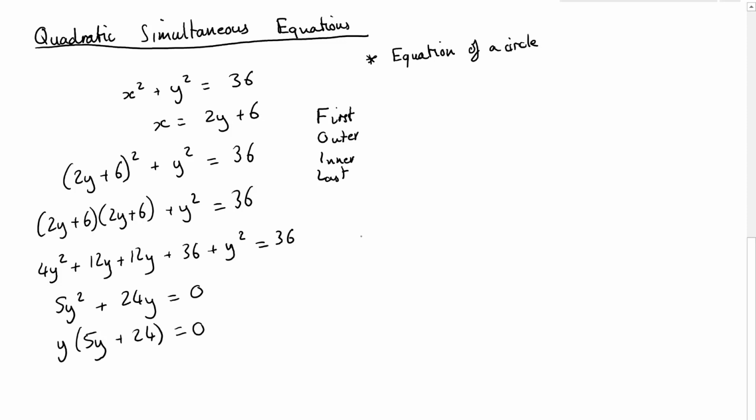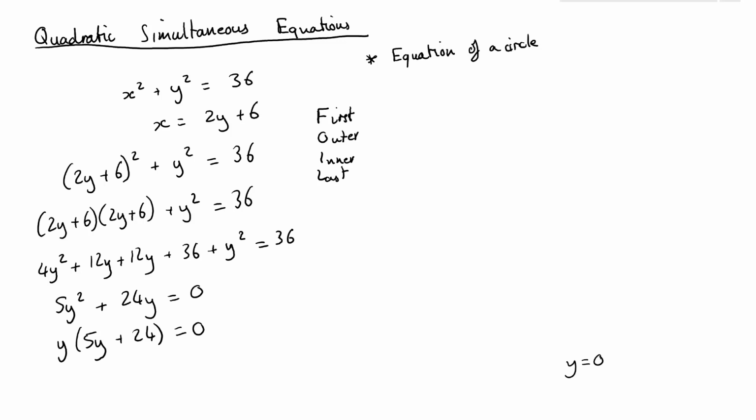So either, because this is quadratic, we're going to get two solutions. So we'll write our solutions over here in the corner. So either y is equal to 0, since when we're solving equations like this, one of these things has to be equal to 0.